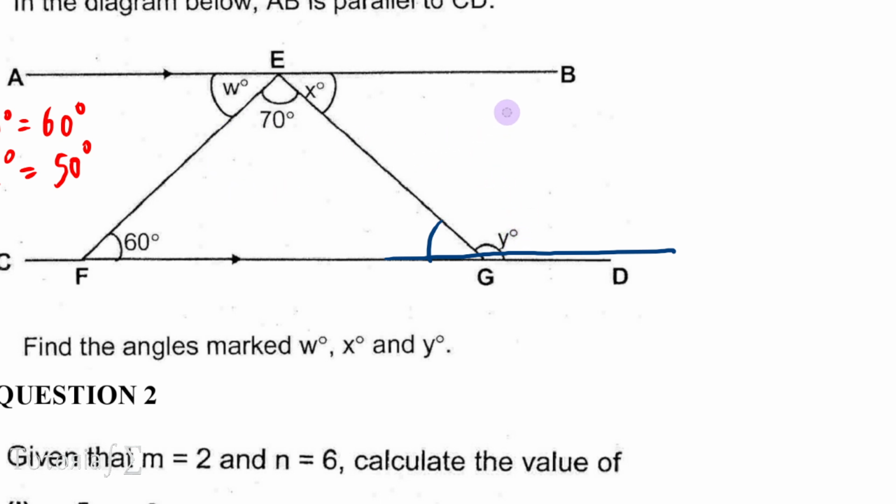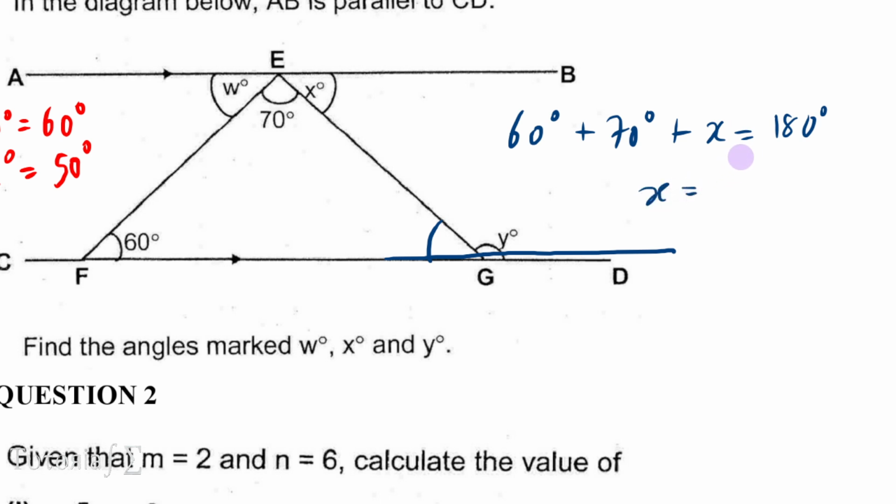So we're saying when we add 60 degrees plus 70 degrees plus whatever angle that is there, this should give us 180 degrees.